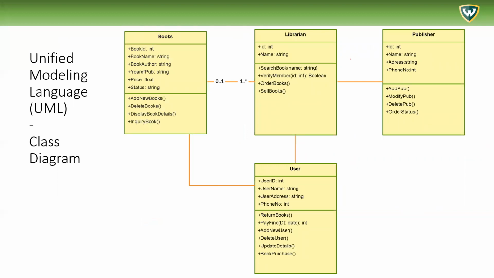There are various ways to model the database schema for the relational model. One common one is using a class diagram, which comes from Unified Modeling Language, or UML. The class diagram is similar to the ER diagram.